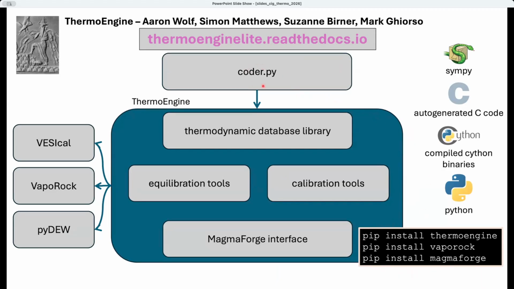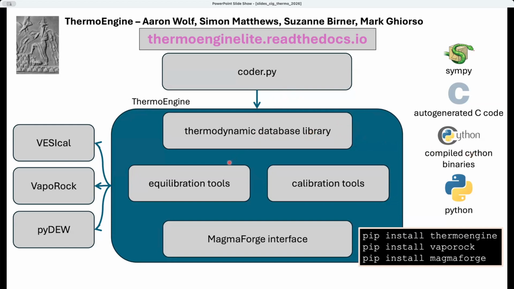Like I said, it's rooted in coder.py in this symbolic representation of the thermodynamic databases. And what ThermoEngine brings together is coder-generated thermodynamic databases into a compiled library, compiled and then brought back into Python using Cython.